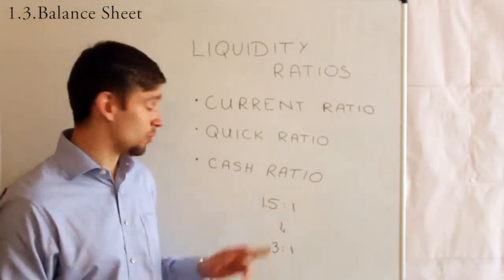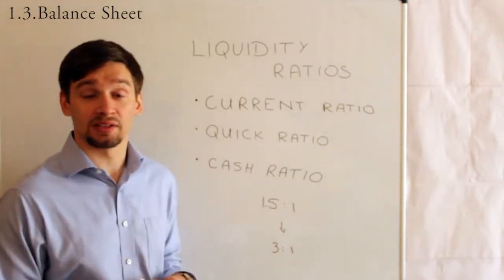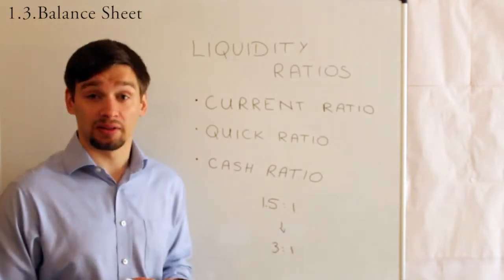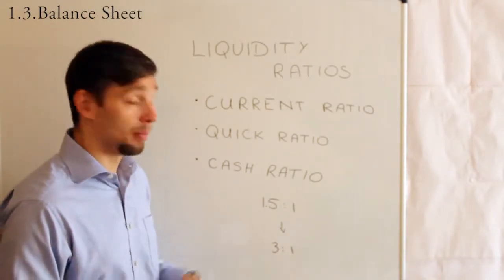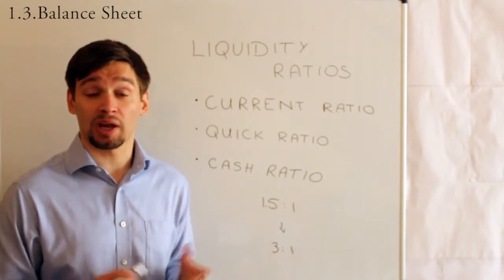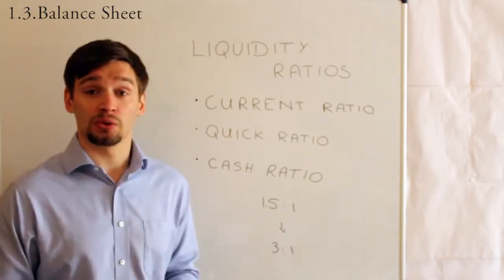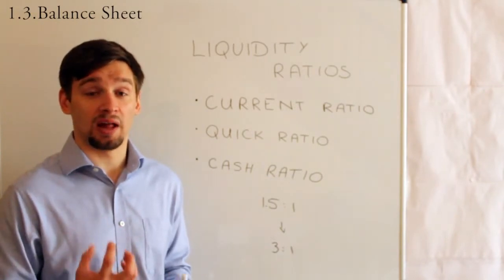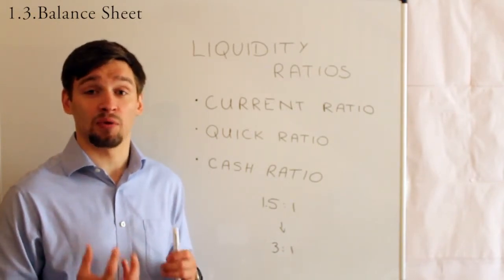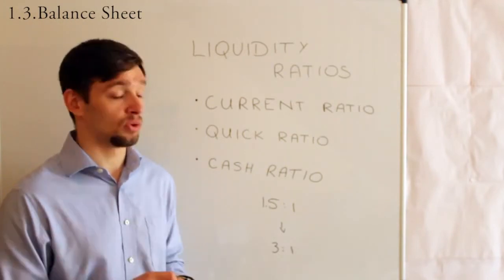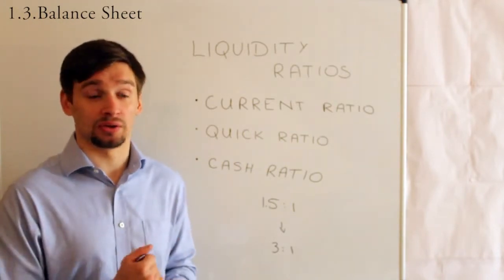This means that there are 1.5 times more current assets than current liabilities, and this one means that there are 3 times more current assets than current liabilities. It shows that the business is very healthy in terms of its balance sheet, holding more current assets to satisfy the obligations to the creditors.